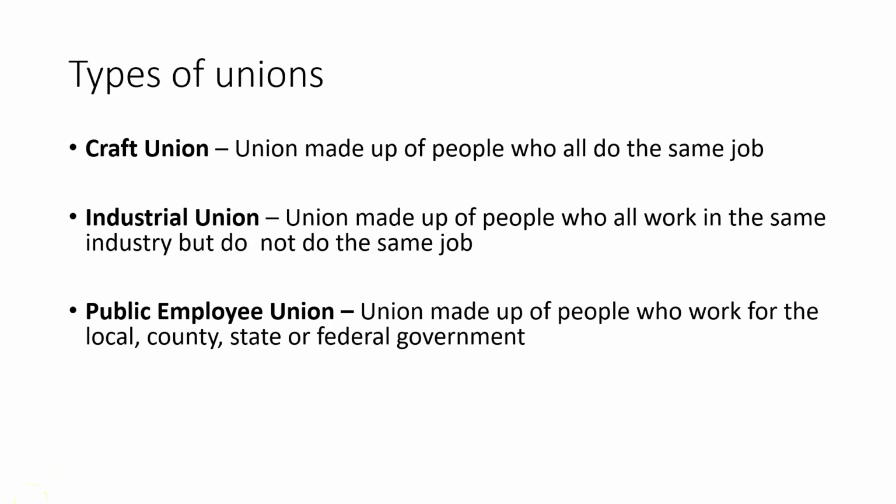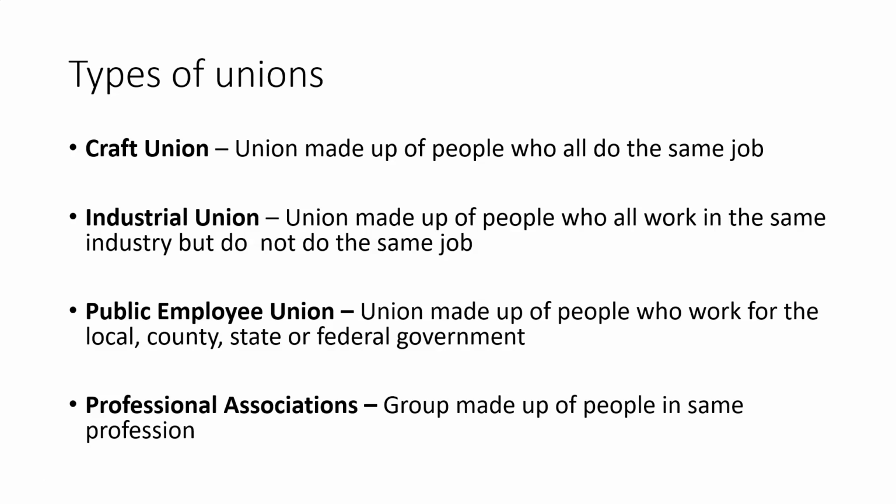There is another type of union. Well, it's not really a union. We categorize it as a union, but it's not. What we're talking about here are professional associations. These are associations like the Bar Association, the Association of Certified Public Accountants, the Nurses Association.